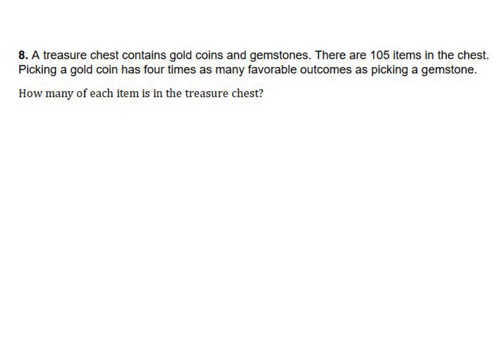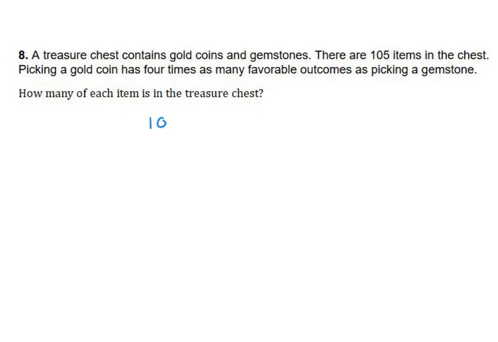In question number 8, a treasure chest contains gold coins and gemstones. There are 105 items in the chest. Picking a gold coin has 4 times as many favorable outcomes as picking a gemstone. How many of each item is in the treasure chest? So what we need to do here is set this up as an equation.